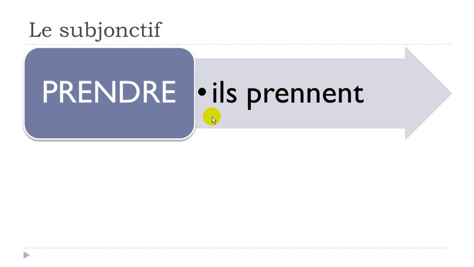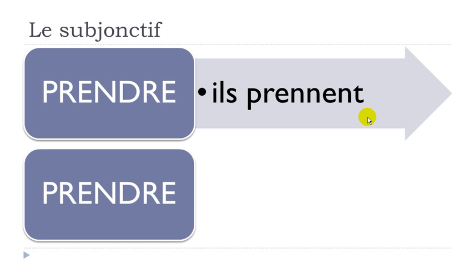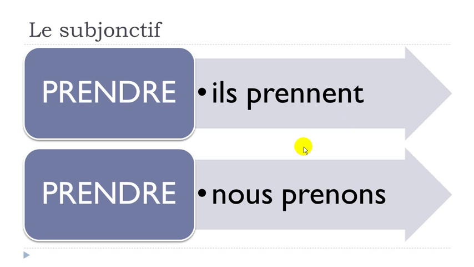And the first one that we should take is the third person of the plural, and it goes like ils prennent, okay? Prendre is to take. Ils prennent, so that's the present form, okay? For ils. And then we've got nous prenons, okay? Because remember, we're using this nous prenons form. We'll use it for nous and for vous of the subjunctive, okay?